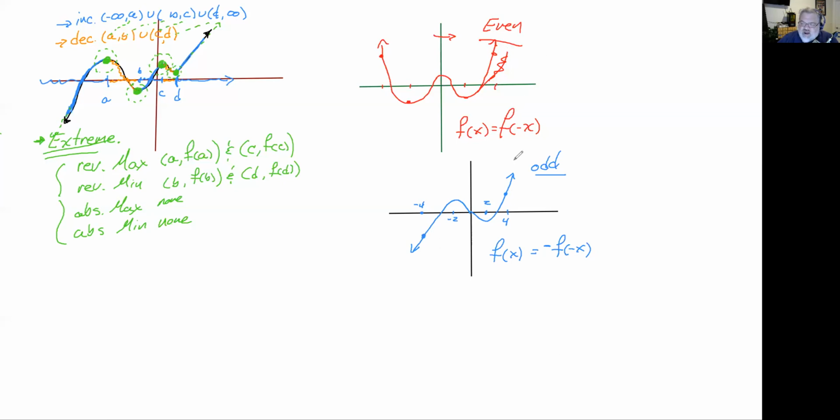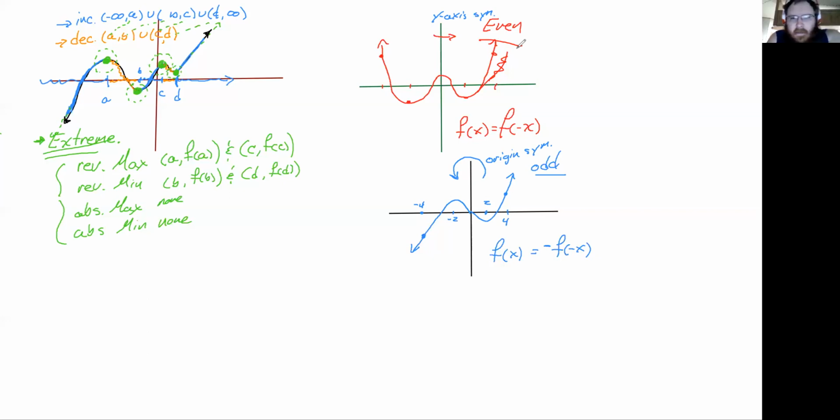So both even and odd are about symmetry. Even has y-axis symmetry. We often look at the odd function as kind of rotating. This piece rotates down here. Because of that, this is often called origin symmetry, or odd symmetry. This is often called y-axis symmetry, or even symmetry.